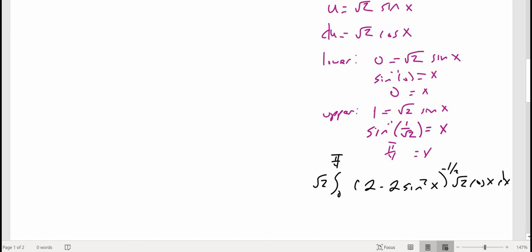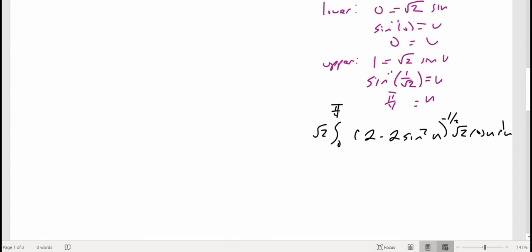I should have put x equals square root of 2 sine of u, so as not to get confused, and that would be dx equals square root of 2 cosine of u du. So let me fix those so I don't get all crazy. Okay, so I got my variables fixed to give myself a little peace of mind there.